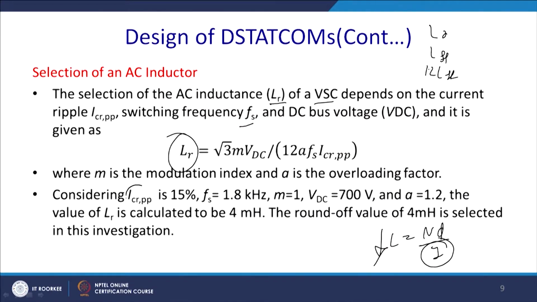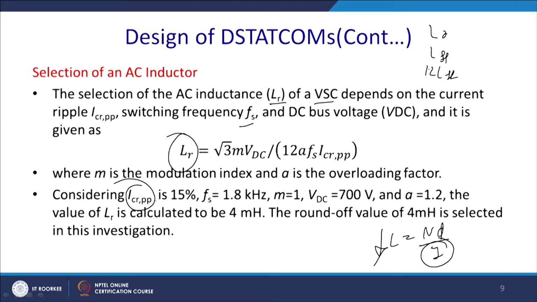Let us consider it is a three-phase system, and thus you get this much current ripple for a 6 pulse converter. You can change this value also to 27%.